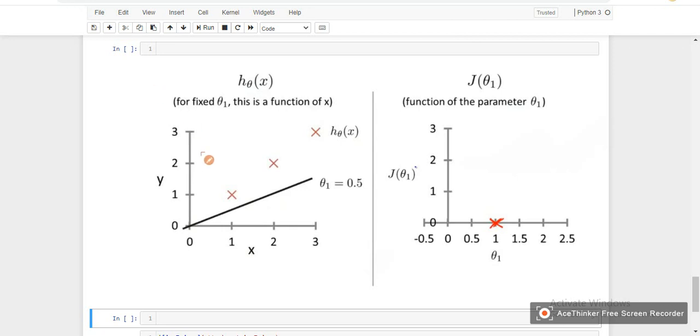But in this model with theta 1 equals 0.5, we can observe the cost is almost here. In the previous model when theta 1 equals 1, it's almost 0. So now it's increasing, almost equal to 0.5, I think. Okay, so let us see another case also.